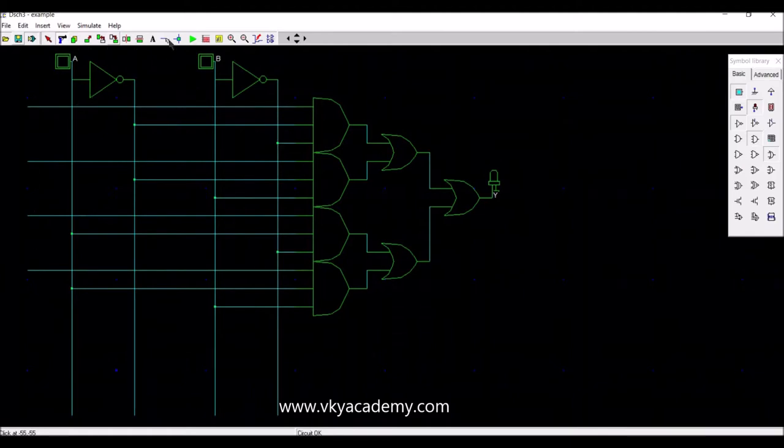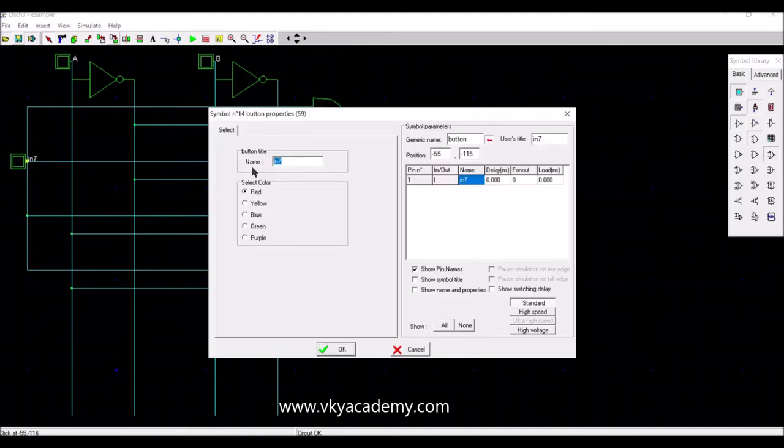Join all the inputs with a piece of wire and provide a single input. The input is I.